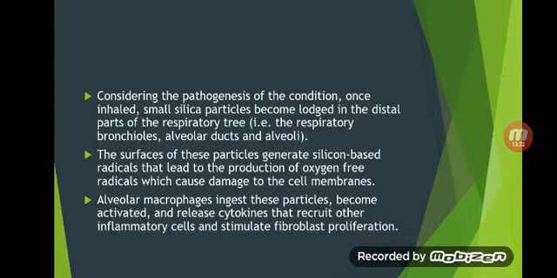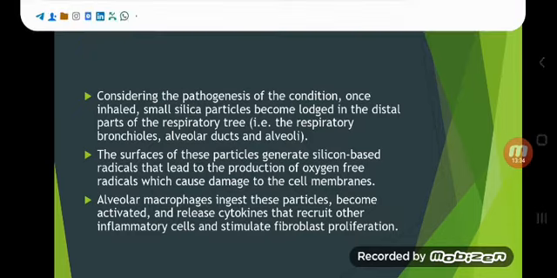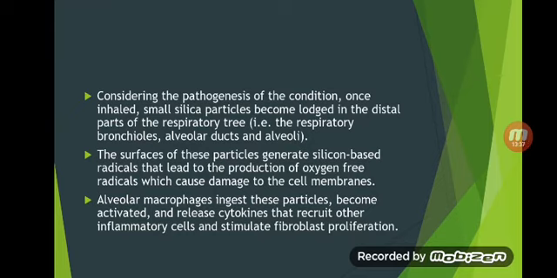Alveolar macrophages take up these particles, become activated, and release cytokines, because they cannot kill or digest the silica, so it permanently stays in the macrophage and permanently causes inflammation.